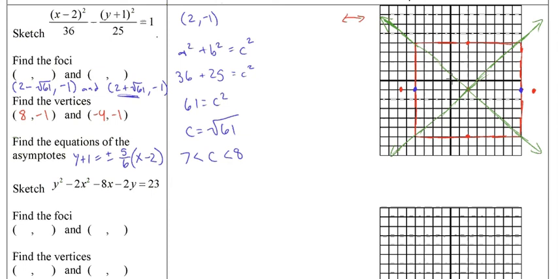And let's see, all we have left now is sketching it. So from the vertex, heading up towards the asymptotes, never quite getting there. And same thing over here, getting closer and closer, but never touching. On the other side, getting closer and closer, but never touching, and same thing there as well. All right, hope that helps.